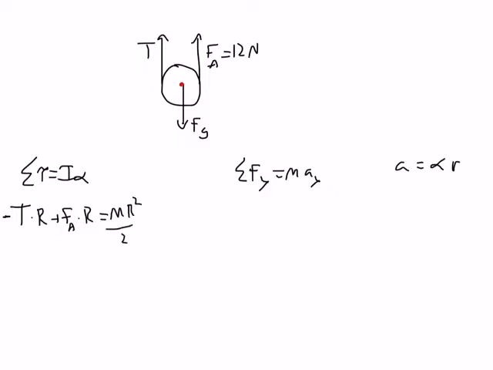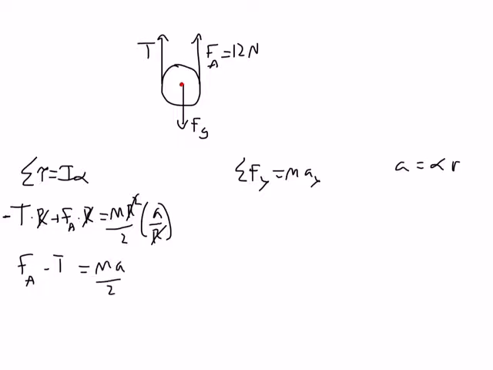And since we want the linear acceleration, I'm going to replace alpha with a over R. So we see that all these R's are going to cancel, and we get Fa minus T is ma over 2.